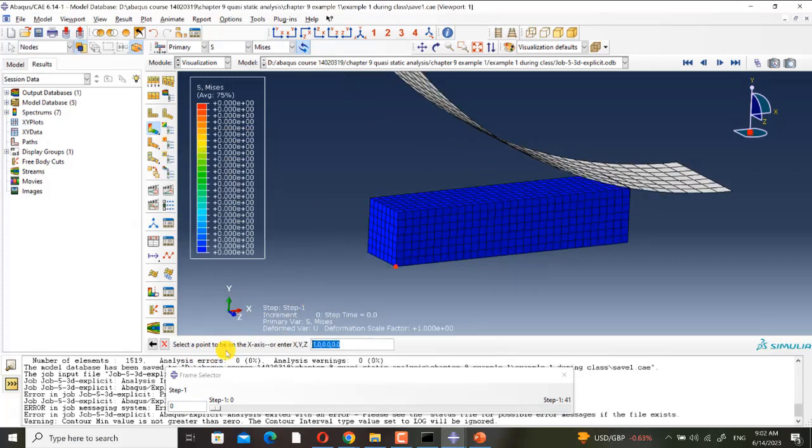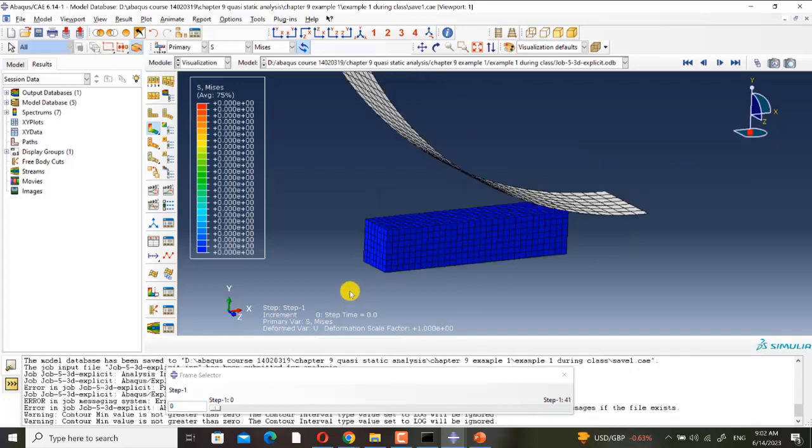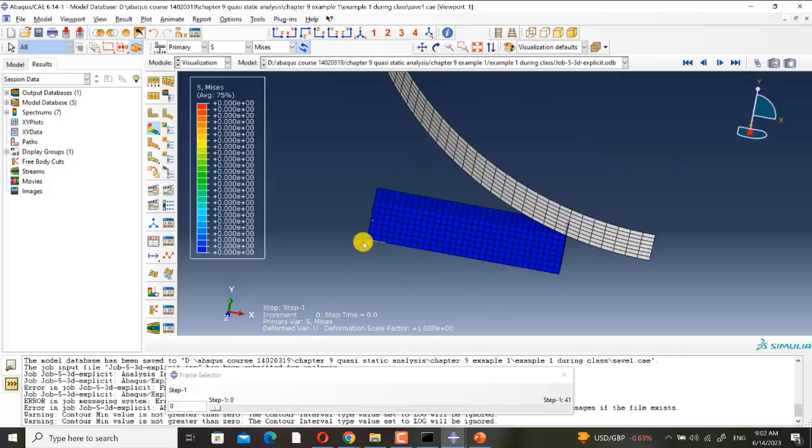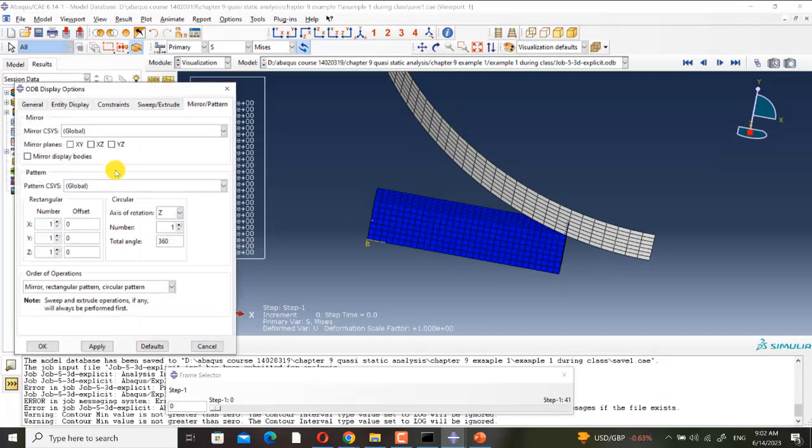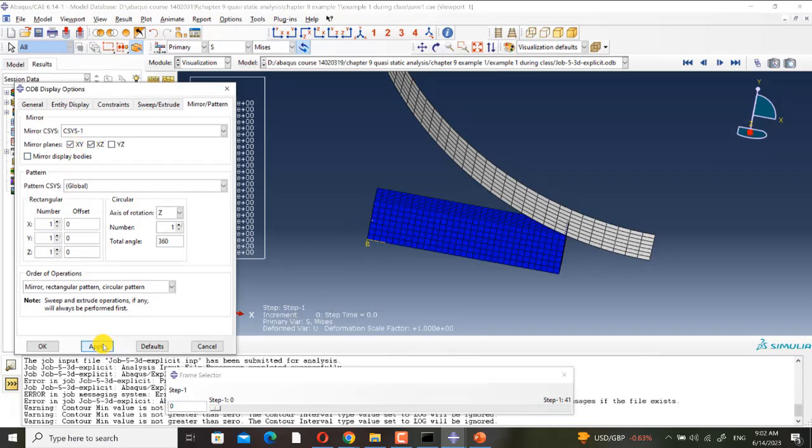This is the origin. This is the x-axis. This is the y-axis. And for mirroring, I will use this coordinate system, not global, my coordinate system. I use xz and xy.